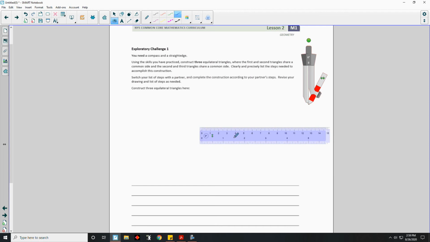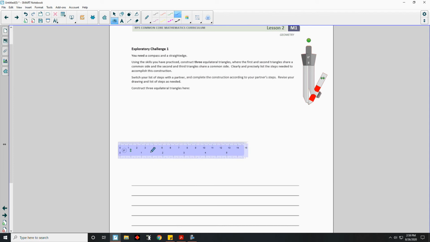Okay, so to construct an equilateral triangle, step 1, I am going to draw a line segment and call it AB. Actually, I'll just use my pen. I won't cheat. Let's do it in red. And I'm going to draw a segment.